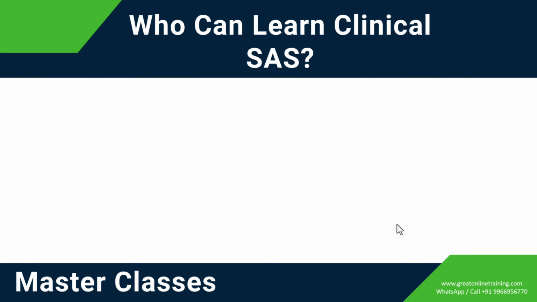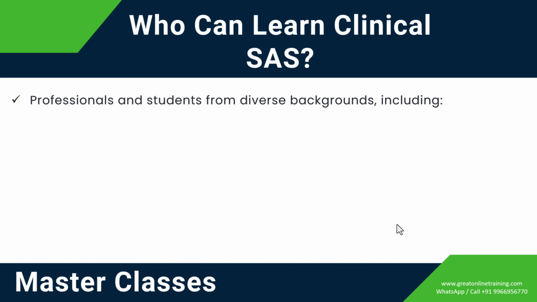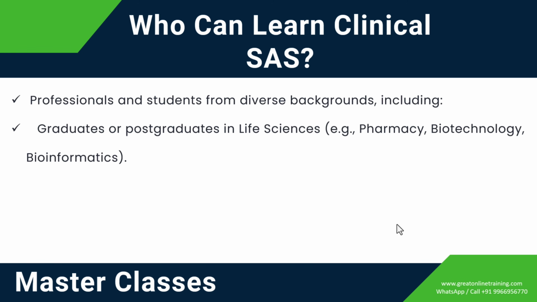Who can learn this clinical SAS? This is one of the important questions most people ask every time. Professionals and students from diverse backgrounds, graduates or postgraduates, life science students, are eligible to learn this course. For example, all pharmacy students, B Pharmacy, M Pharmacy and D Pharm.